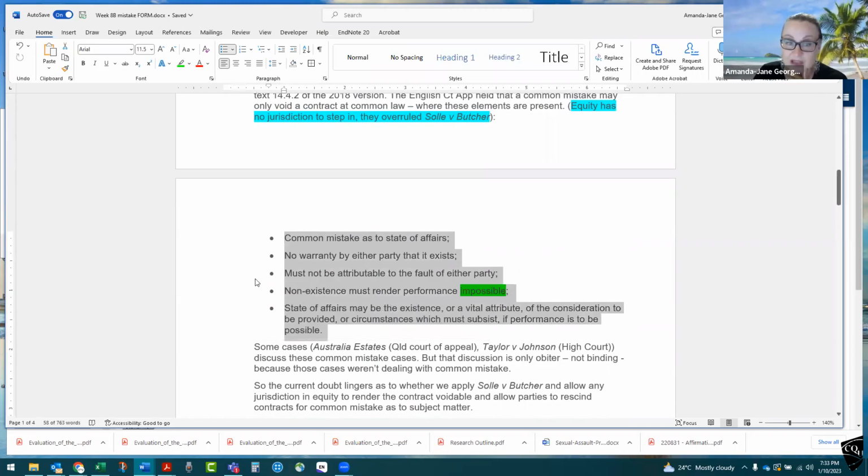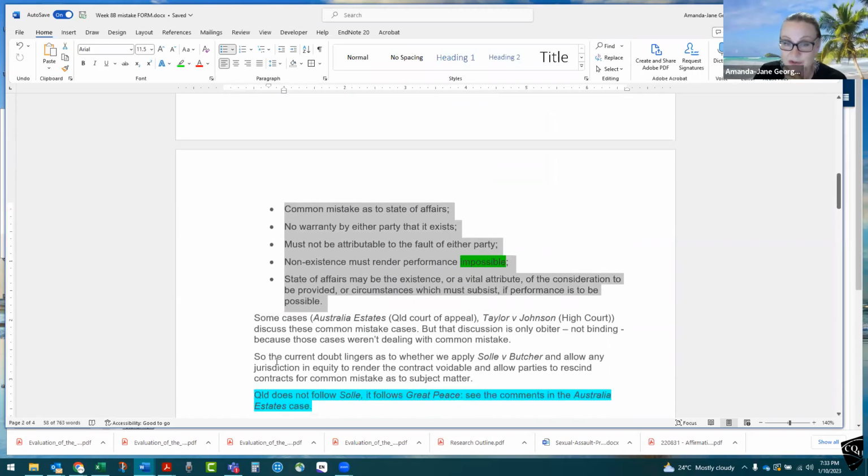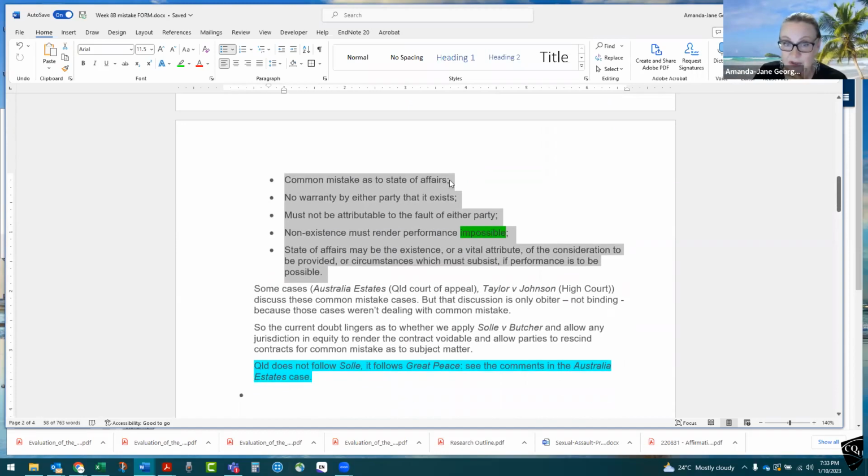So there were 5 elements in order to get a contract declared void. It was some common mistake as to the state of affairs, no warranty by either party that that state of affairs existed, no fault, it renders the contract impossible to perform, and the mistake has to be the existence or vital attributes of the consideration to be provided or the circumstances which must subsist.